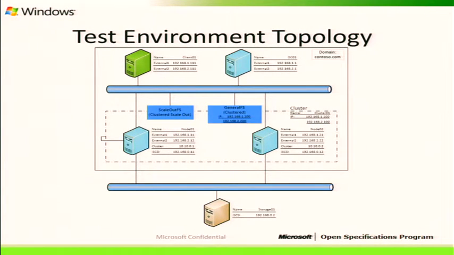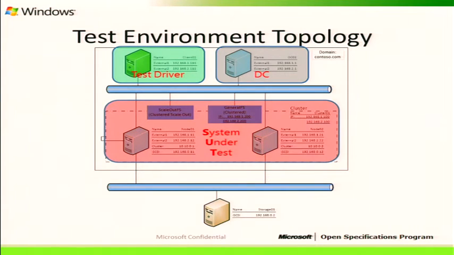This is our test environment topology. In this environment, we have a DC running the directory service, and a test driver machine which has our test suite installed, and a 2-node cluster which acts as the SUT server.